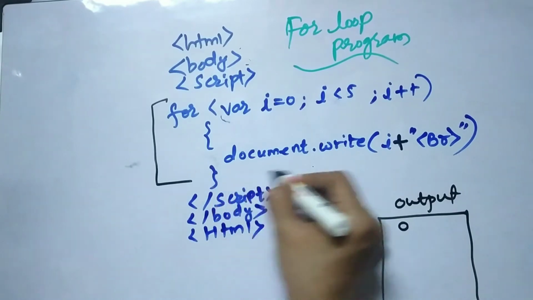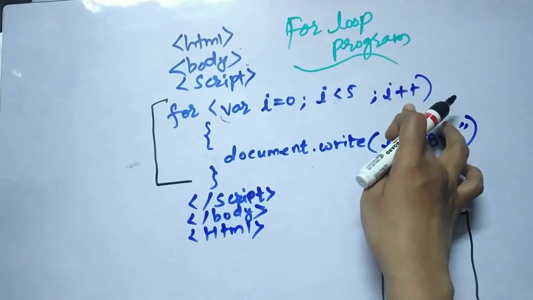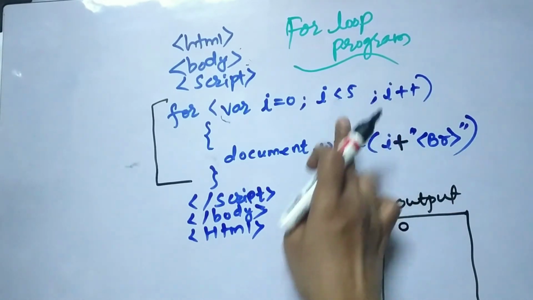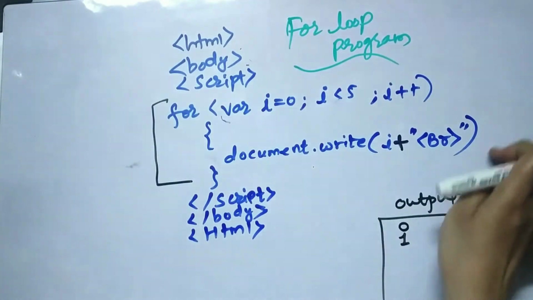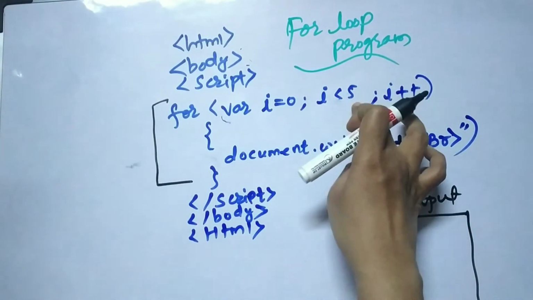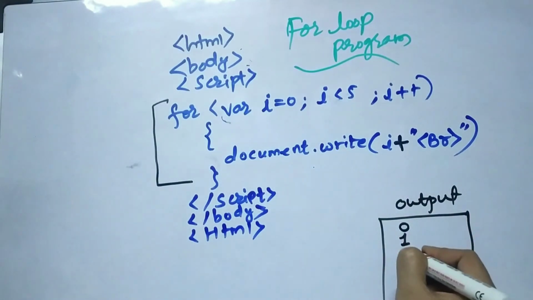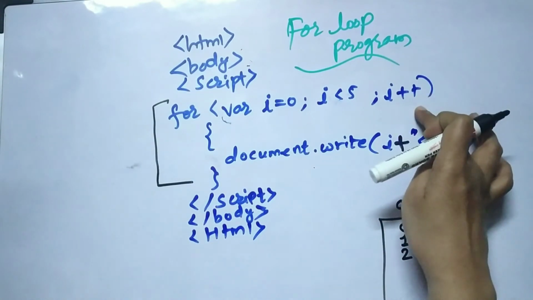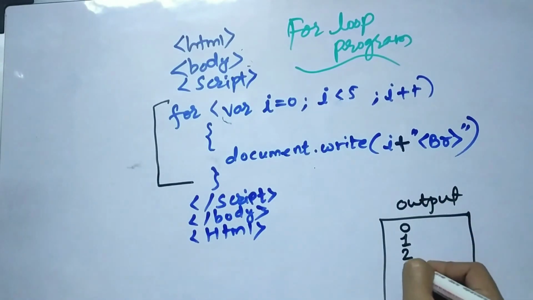The loop will again go back for the increment I plus plus, which means I's value is increased by 1 now. Again check the value, 1 is less than 5, yes it is true, it comes inside, again prints I's value, 1. Now it becomes I plus plus, 2. So it will check 2 is less than 5, yes, so it will come inside the loop body and print I, that is 2. Now again I plus plus, its value becomes 3, 3 is less than 5, true, so it comes inside and prints I, that means 3.